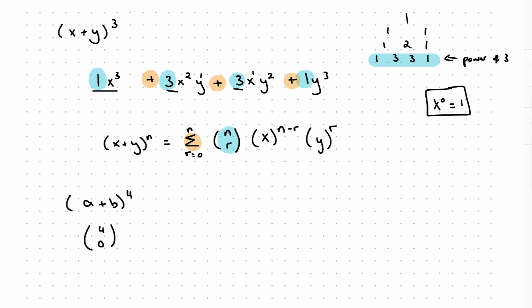If I identify what I have in common between the two formulas, that's my x. So I'm going to have a to the power of 4 minus 0, b to the power of 0. And I can leave it like that. I can tidy it on the next line. Then I'm going to have plus, and then it's going to be 4 choose 1, because I'm going to keep going. Why have I said plus here?